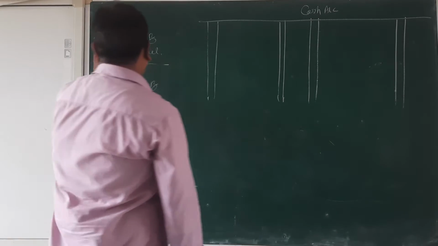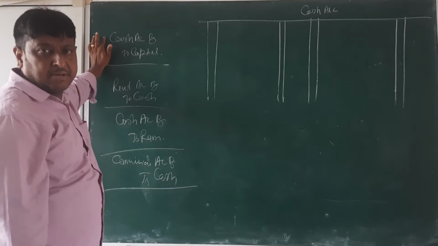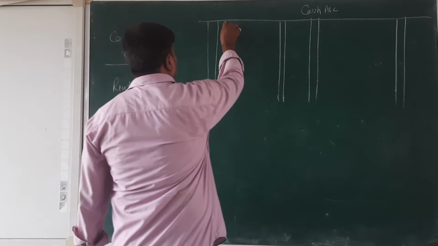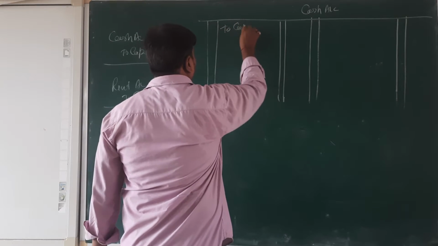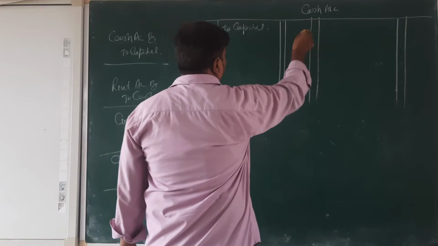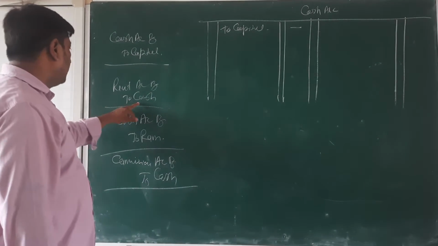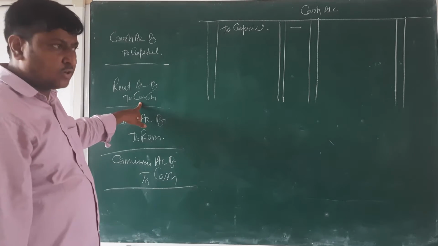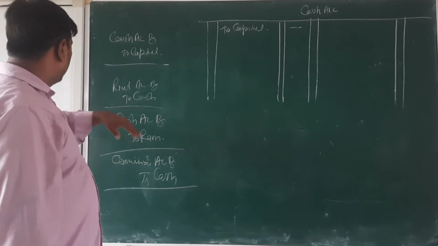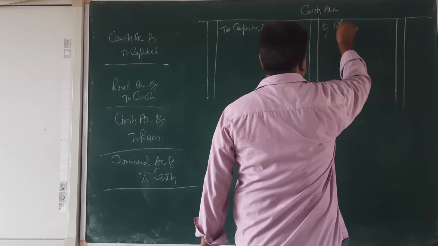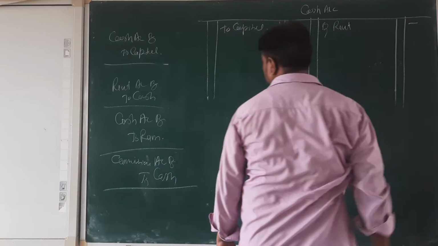Okay, as like that, cash here beta, cash debit, its opposite capital, debit to capital, and what amount is there, just put it here. Next, here cash is credit, which is opposite rent, credit side, by rent amount.